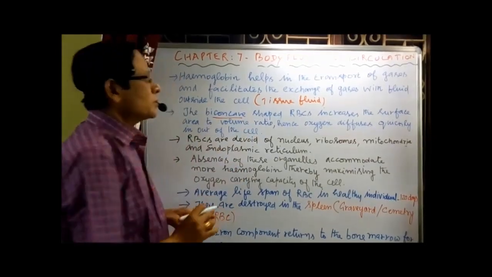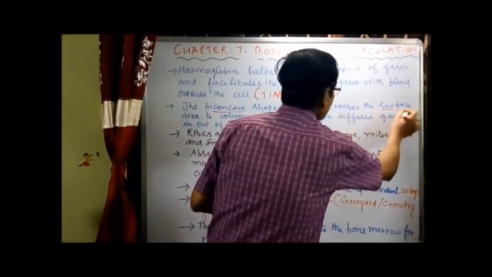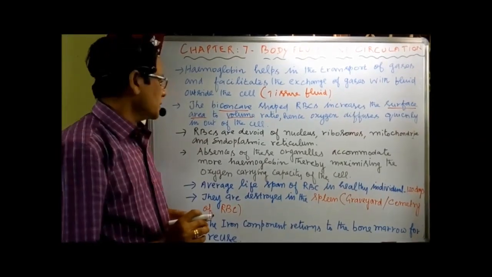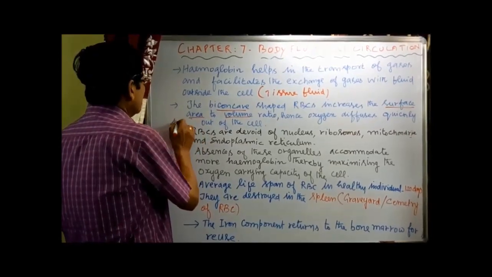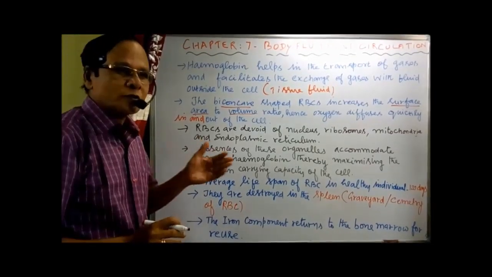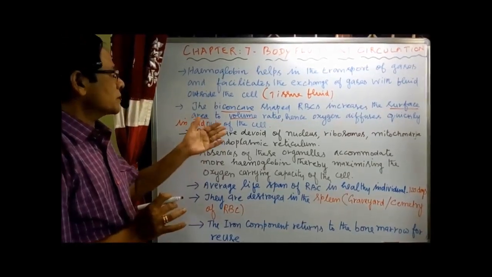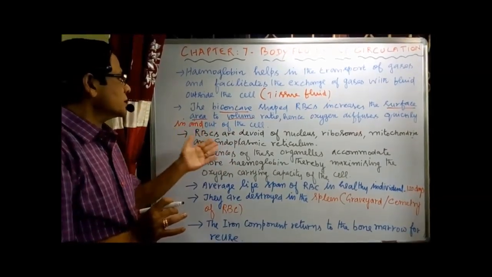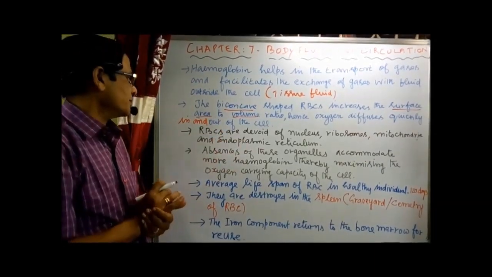The biconcave shaped RBCs increase the surface area to volume ratio. Hence, oxygen diffuses quickly in and out of the cell, maximizing the diffusion of gases into and out of the cell. That's why RBCs have a biconcave shape, to increase the surface area to volume ratio.